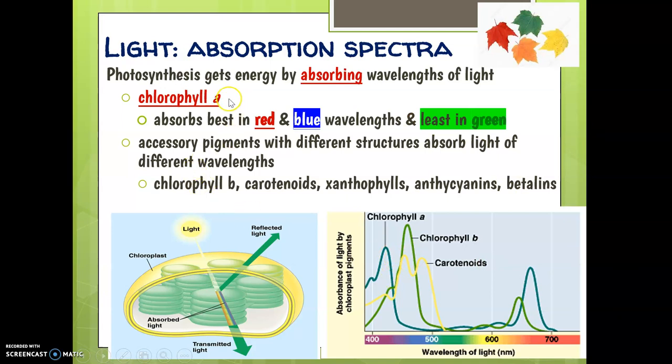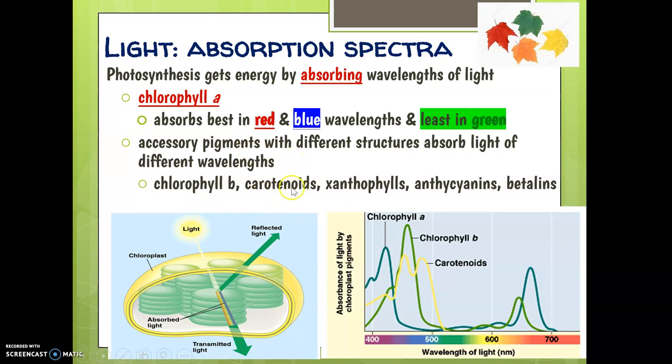So we have chlorophyll a. Chlorophyll a absorbs best in red and blue wavelengths and the least in green. It's the main pigment, but there are accessory pigments that have different structures.